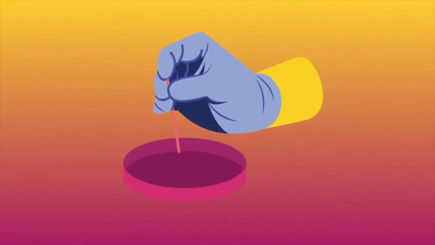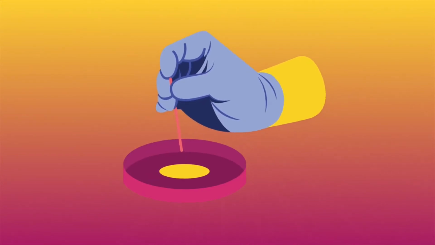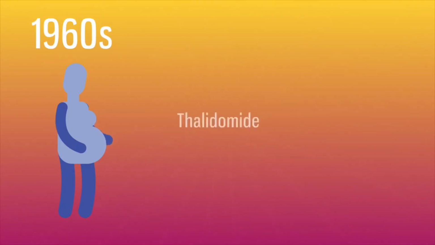Current drug testing procedures are very strict and thorough, but they haven't always been so rigorously tested. In the 1960s, a drug was prescribed to pregnant women to lessen the symptoms of morning sickness. The name of this drug was thalidomide.